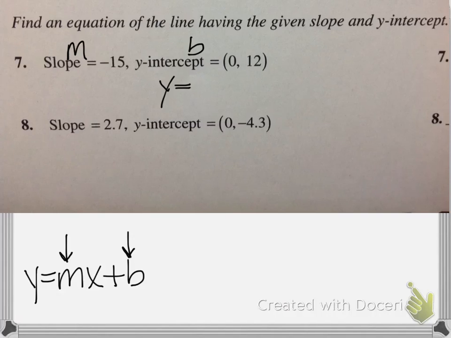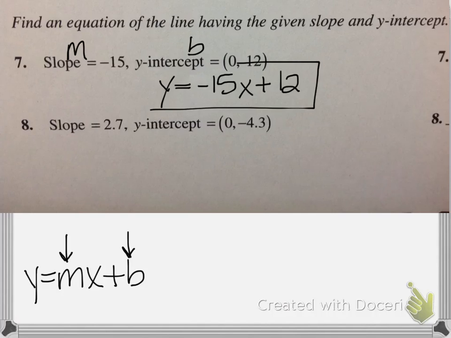So it's mx, so negative 15x, plus my y-intercept, which is 12. So there's my equation. They gave me a slope, they gave me a y-intercept, I just plug it into the proper form. The next one, y equals, my slope is 2.7x, and then my intercept is negative 4.3, so minus 4.3.